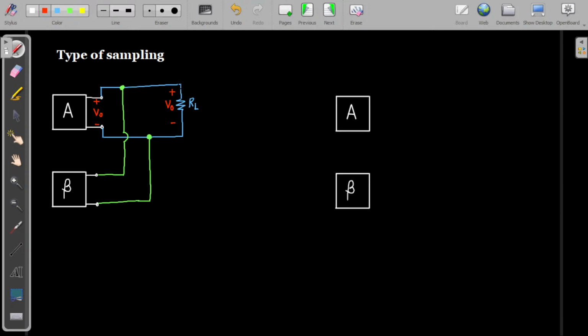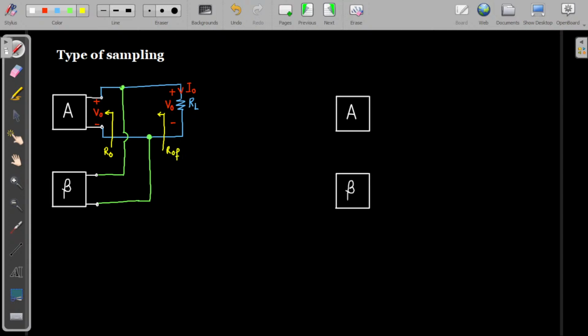And let us say the current flowing through the load resistance is I0. Now if we want to find the output impedance from this point, it is R0. And the output impedance at this point is R0F.